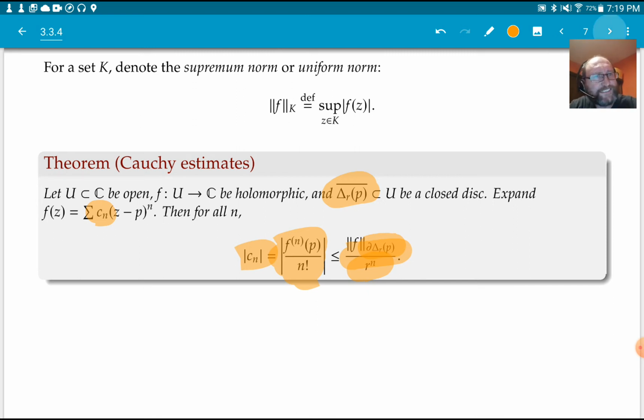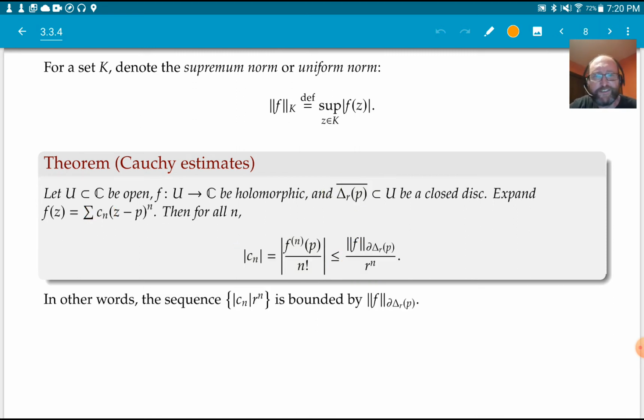So let's see the proof of this, but sorry, I was going to mention this first before the proof. In other words, when we looked at power series, we said that basically the convergence is the same thing as looking at the boundedness of these sort of sequences, right?